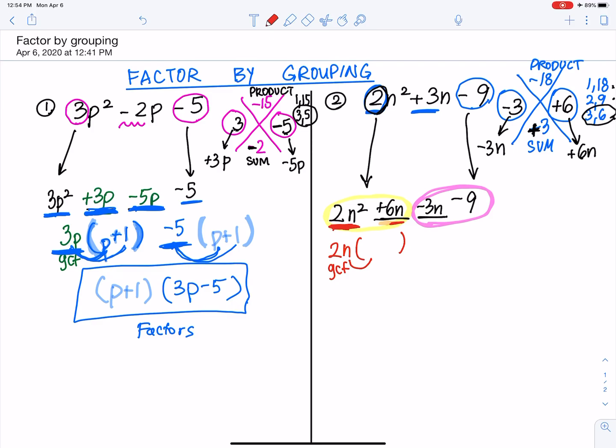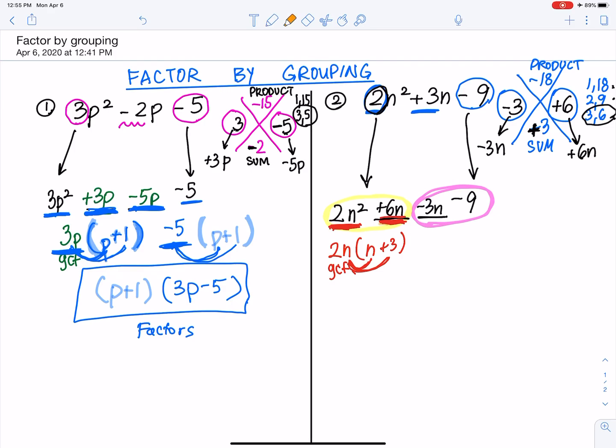Well, I already have the 2. I have an n. I want n squared, so I need another n. So 2n times what term gives you positive 6n? So I already have my n, so I need to multiply by 3. So 2n times n is 2n squared. 2n times 3 is 6n.